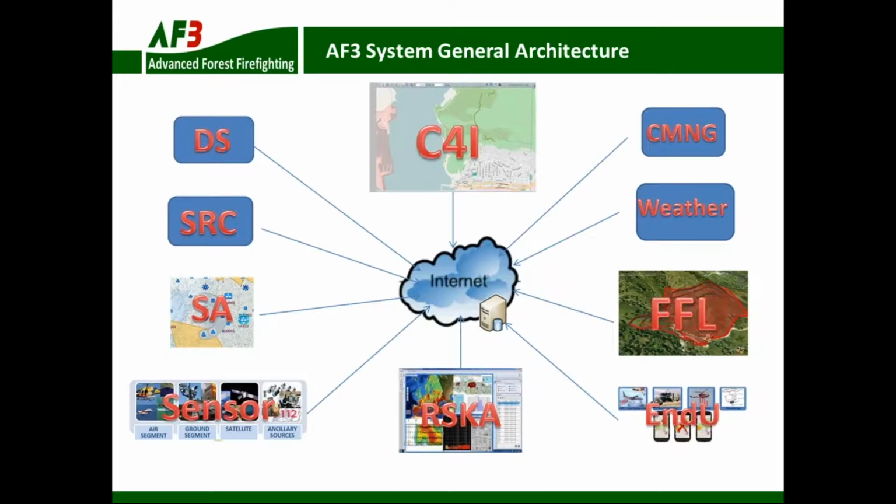So we divide all the partner development into subsystems, and each one has to be connected to the internet in order to transfer information from one to each other. So if one of the subsystems needs information from another subsystem, it can ask for this data, and it will receive it back on time.